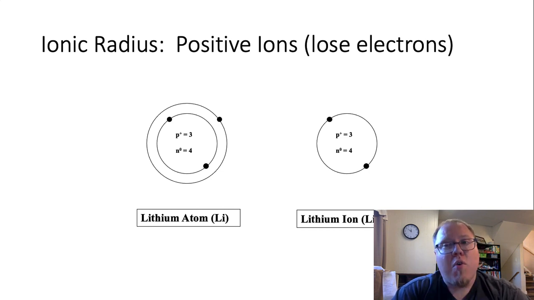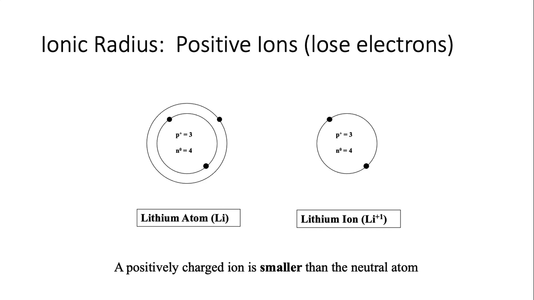It was 2 orbits, but when it loses that electron in that second orbit, there's nothing there. So now it only has 1 orbit. That would make it smaller. Anytime you lose electrons, the positively charged ion that you now have is smaller than it was before, because there are fewer electrons, there are going to be fewer orbits, so it is a smaller thing.